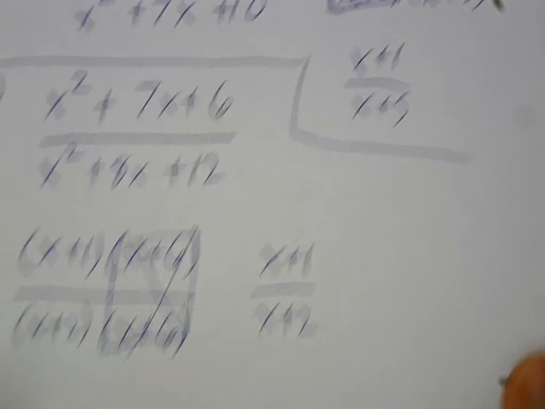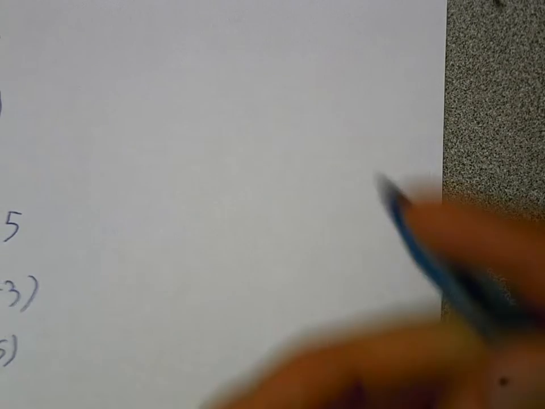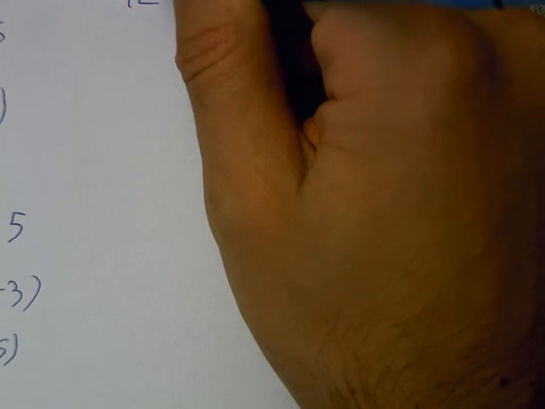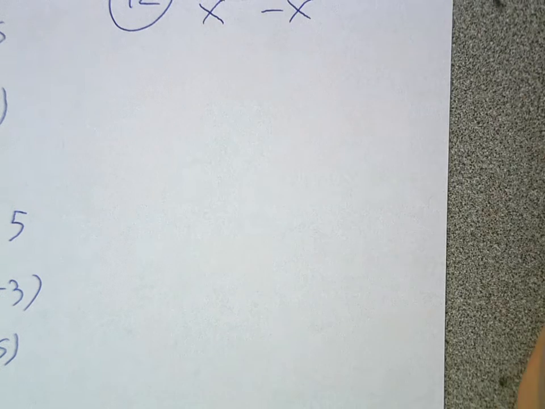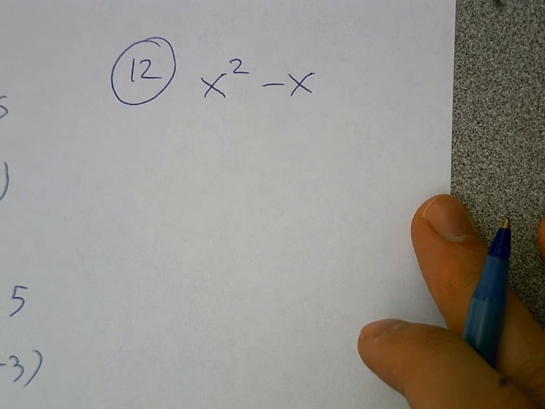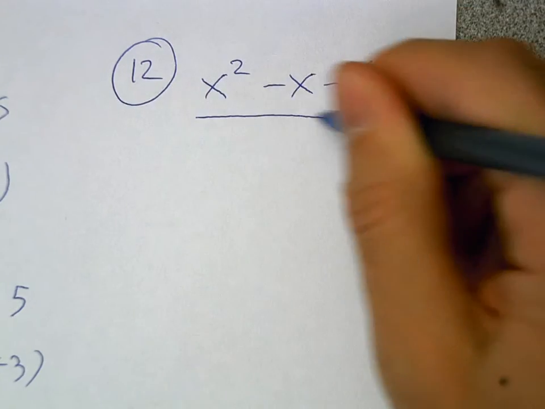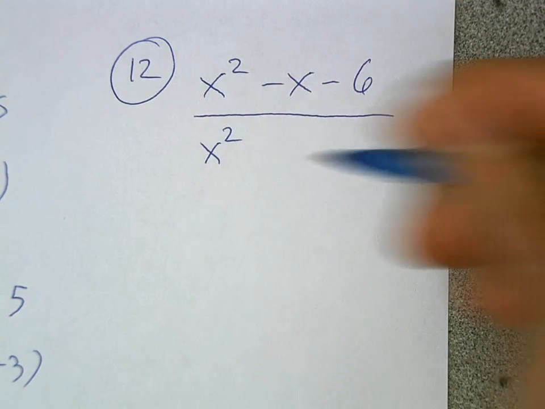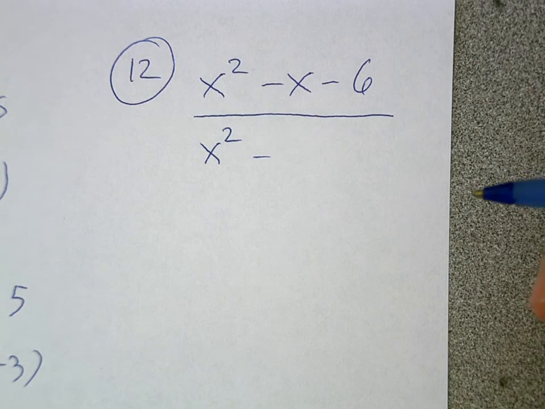Let's try the same thing with some negatives in there. So number 12, let's try x squared. Oops, you can't see that. There we go. X squared minus x minus 6 over x squared. See if I can make something that'll work out nicely here.